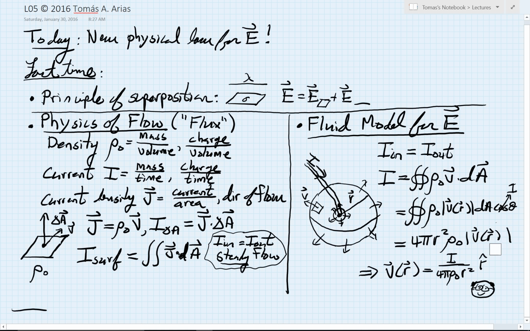Then finally we solved for the magnitude of our velocity: it was the incoming current pumped down the hose divided by 4 pi rho naught r squared, and the direction was directly outward. My final observation in the previous lecture was that I was very excited about this result because I've got the same 1 over r squared type of behavior that we normally see for a point charge. We're going to see, though, that the analogy goes much, much deeper than that.